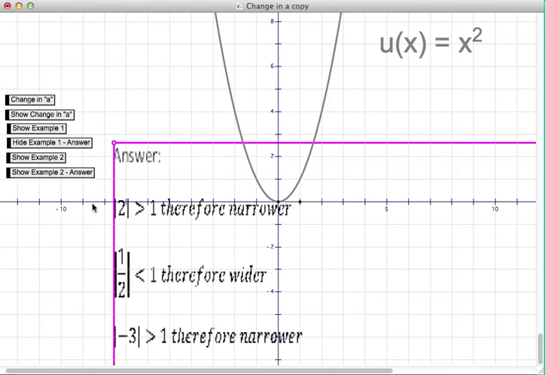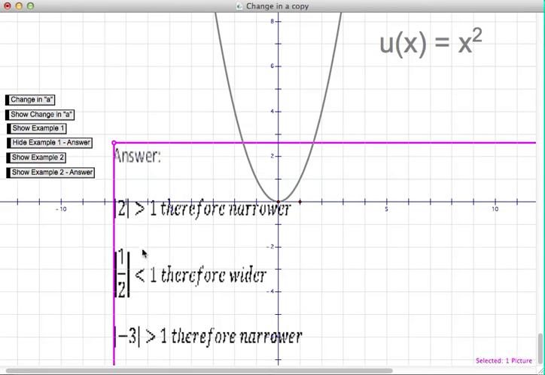What you should have said is that the negative 3 was the most narrow. That negative 3, even though it's facing down, is still the most narrow because 3 is a bigger number than 2. What you're seeing right here are absolute value brackets.